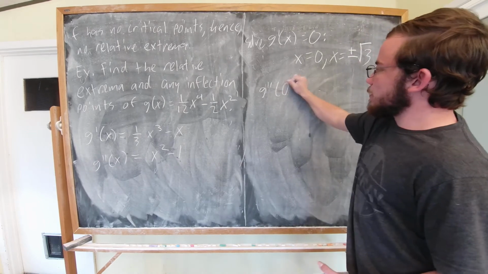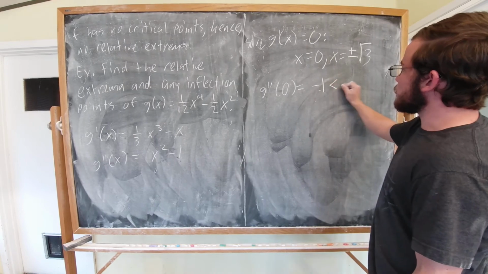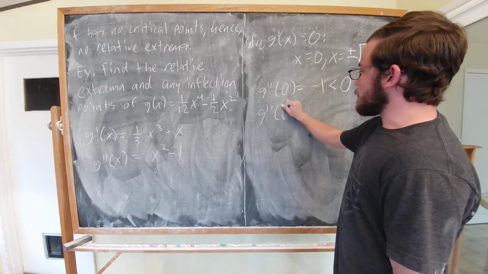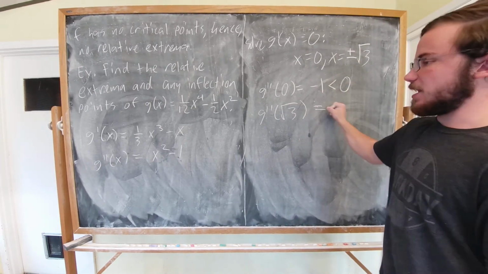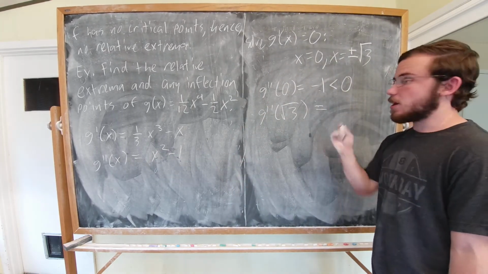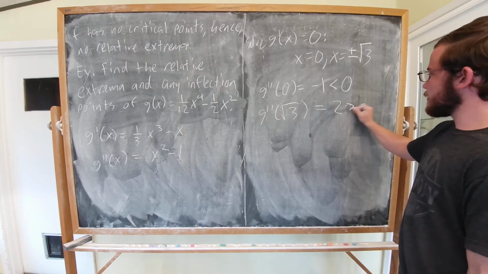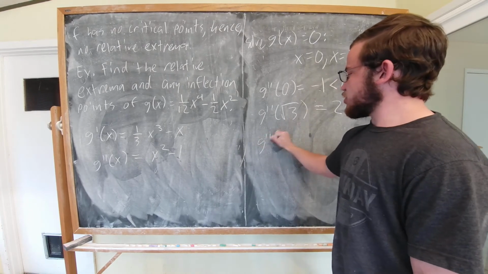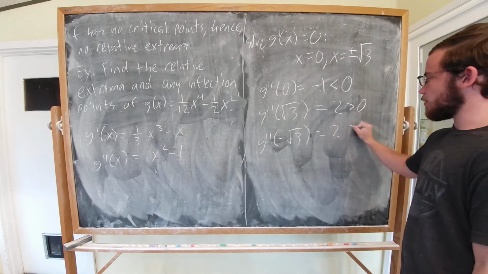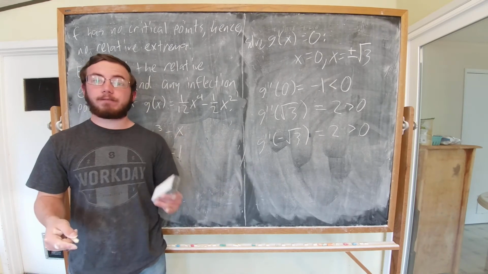G double prime of 0 is equal to 0 squared minus 1, negative 1, which is less than 0. G double prime of positive square root of 3: square root of 3 squared is 3, 3 minus 1 is 2, which is strictly greater than 0. And g double prime of negative square root of 3 is also going to be 2, which is greater than 0. So the second derivative test has a conclusion for all of these.